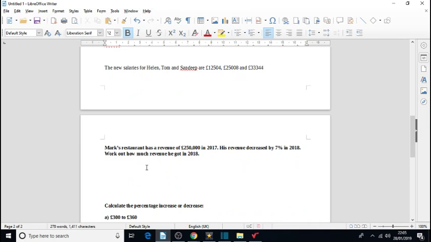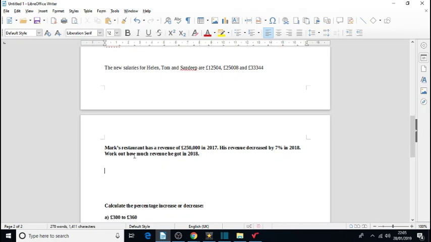Mark's restaurant has a revenue of 250,000. That's what he had. He had a revenue of 250,000 in 2017. His revenue has decreased by 7% in 2018. Work out how much revenue he got in 2018.